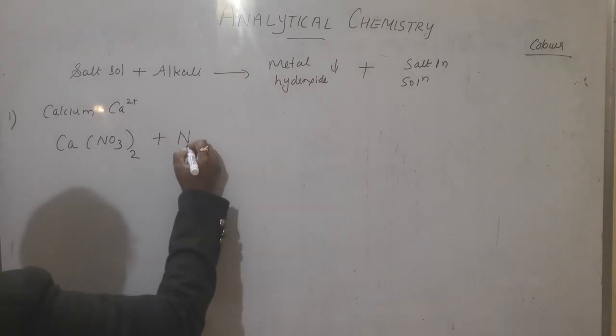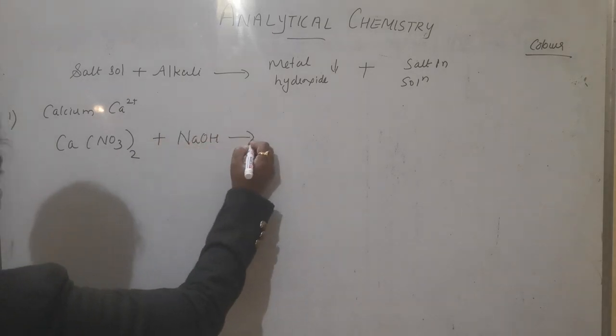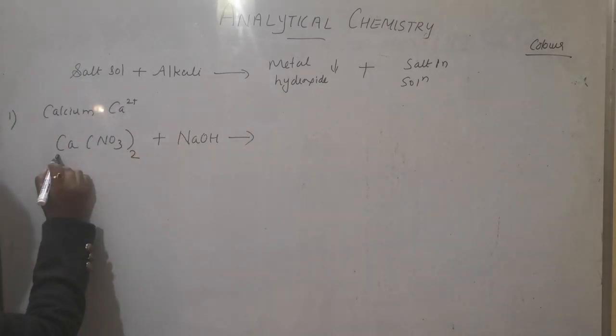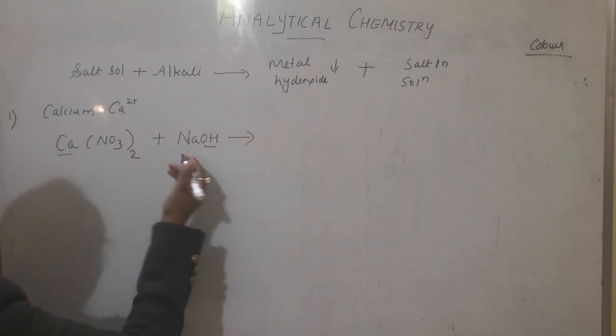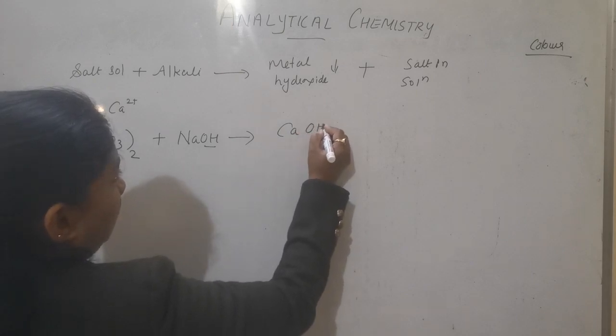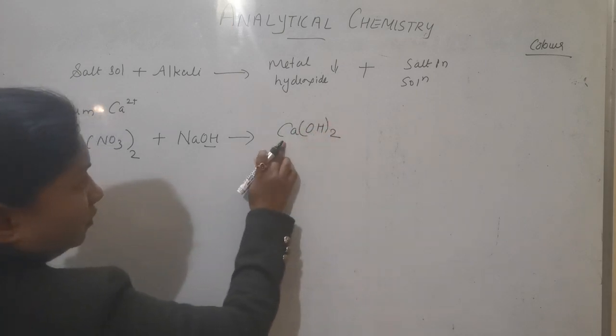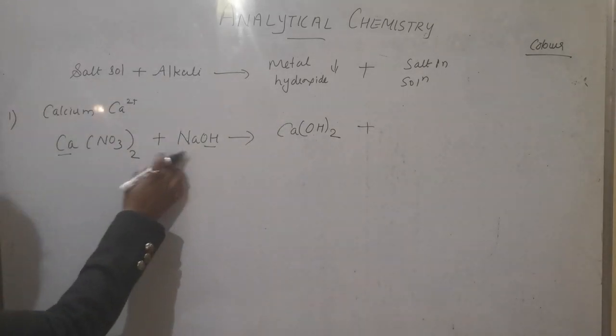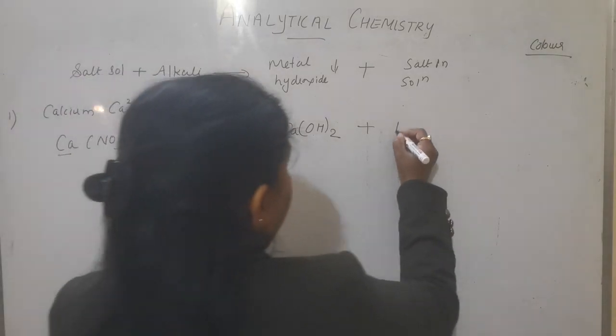Then we will add NaOH. You will get a precipitate of metal hydroxide. So this is metal and this is hydroxide. So combine it, Ca(OH)2, because valency of calcium is 2, and one salt, NaNO3.